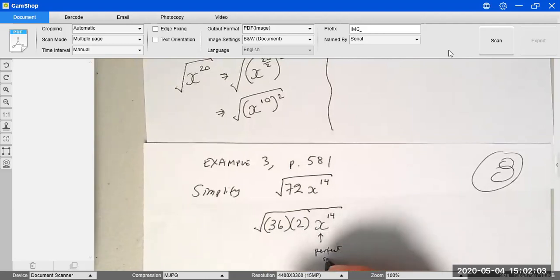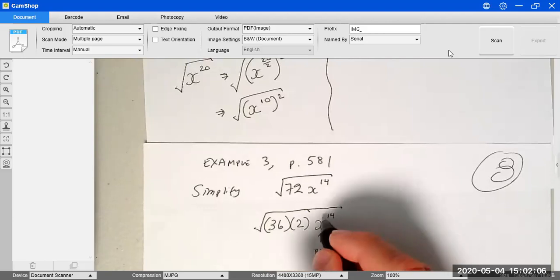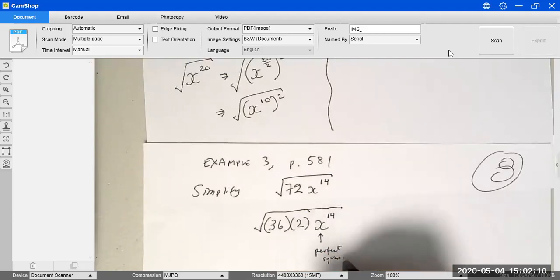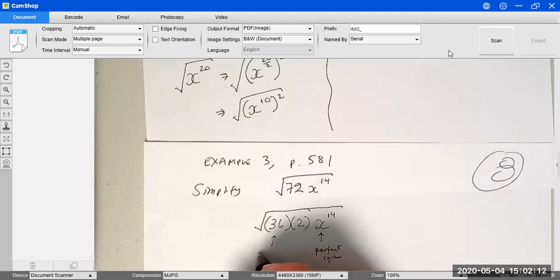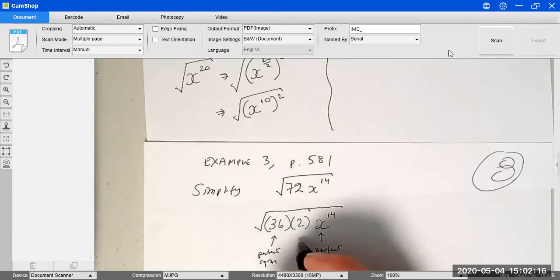So any variable raised to an even power is a perfect square. Then I have this 36 is a perfect square. And then I have this number 2, which is a non-perfect square.